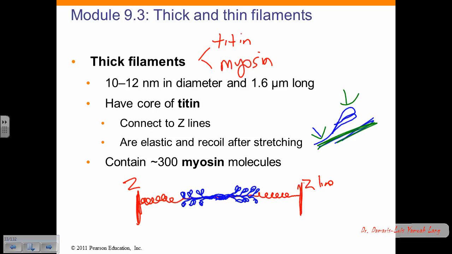So again, this would be the thin filament, right? Have your thin filament, and then you have the thick filament. What is this?